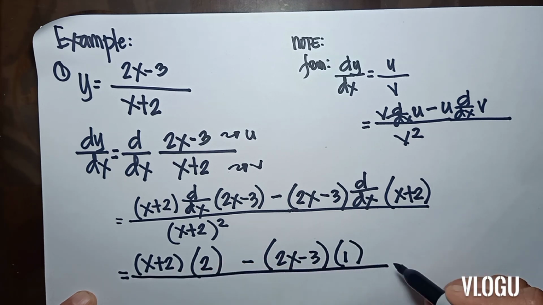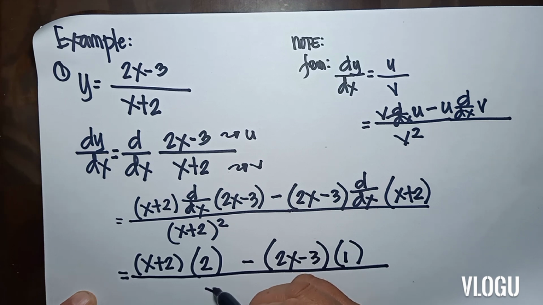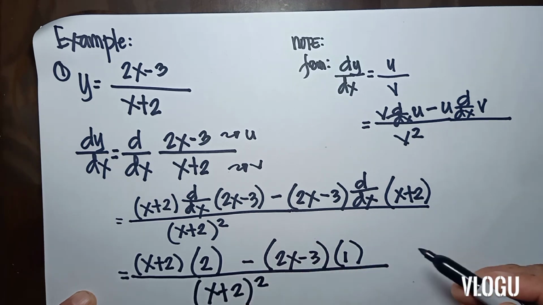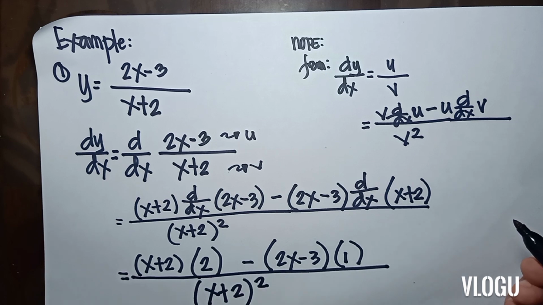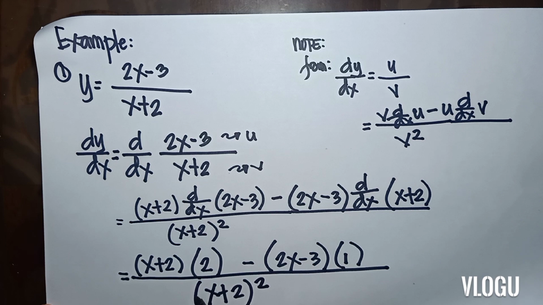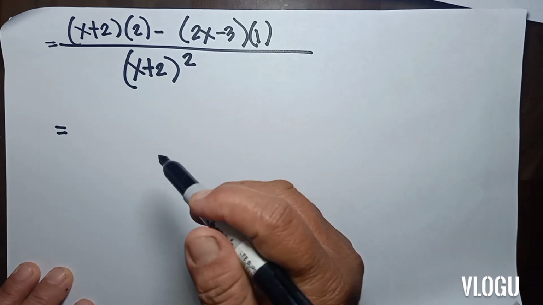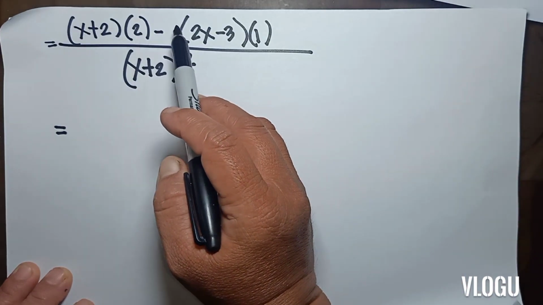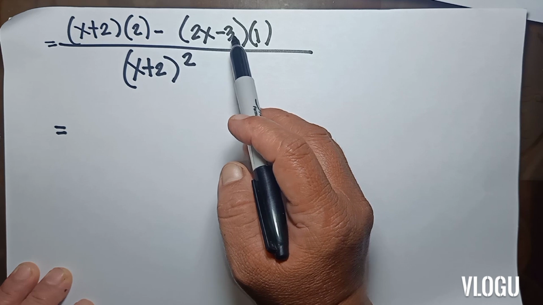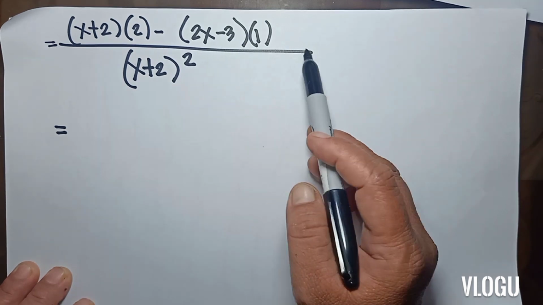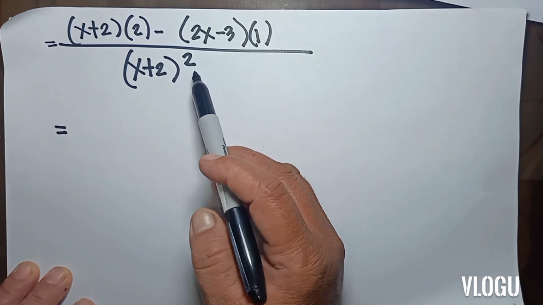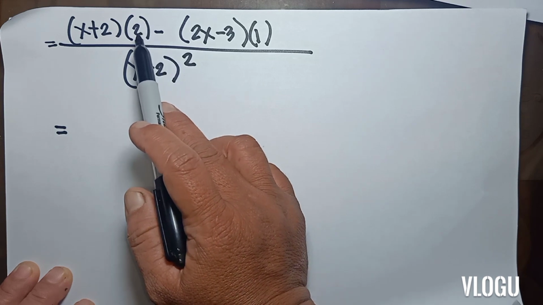So all over x plus 2 squared. After that, we have the form x plus 2 times 2 minus 2x minus 3 times 1, over x plus 2 squared.